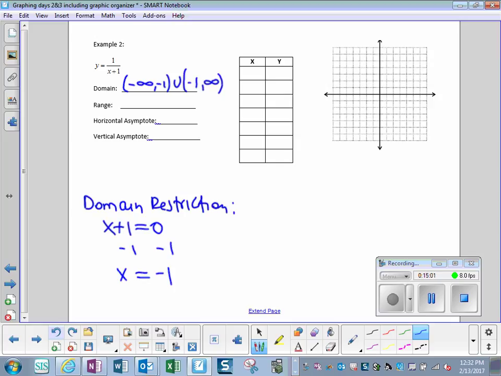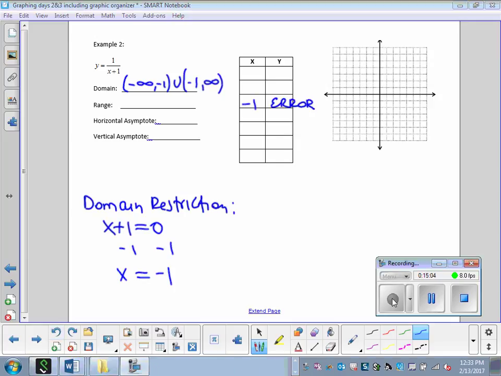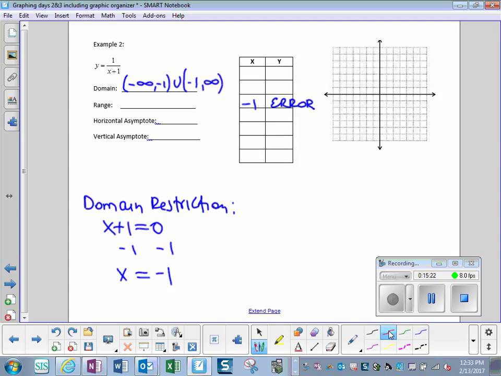As we figured out the domain restriction, can we now think about what happens in terms of the vertical asymptote? What do you think the vertical asymptote will be? I cannot have -1, but I can get as close to it as I want, right? So I know that my function would probably climb up and down the line x equals -1, correct? Because I can get very close to that -1 value, but I can never choose it.